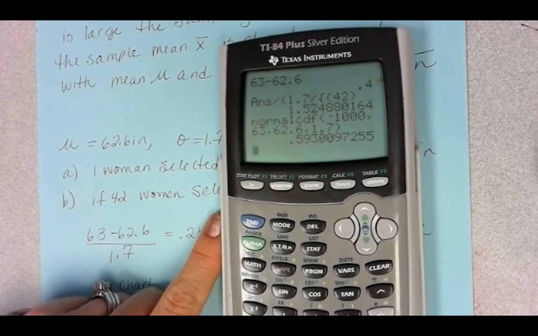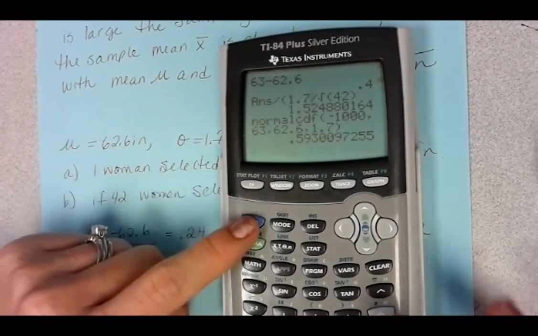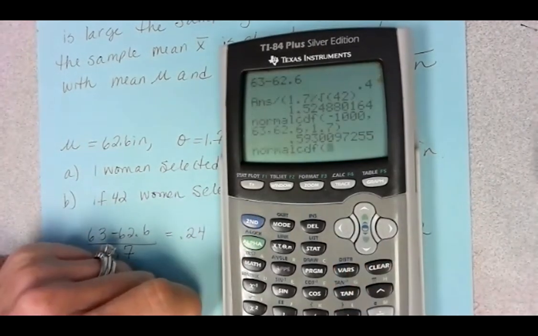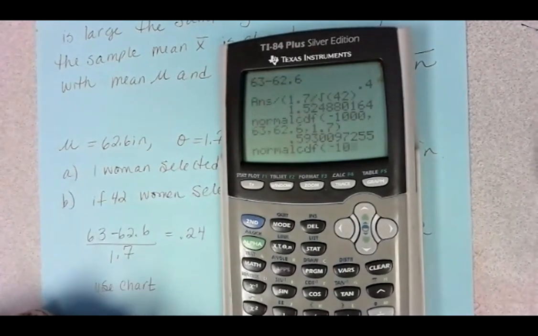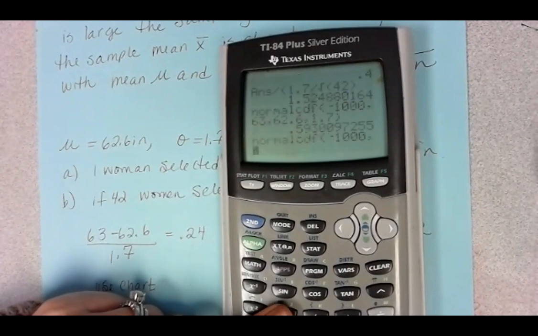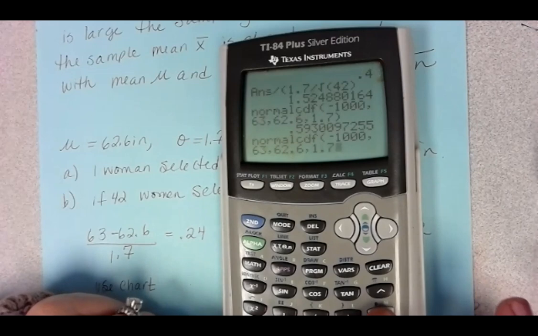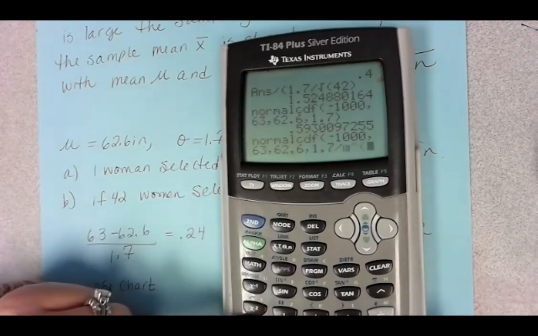We could also do part B on the graphing calculator. Again, it's just a normal CDF. It's still a less than, so my lower boundary I can make negative 1,000. My upper boundary is still 63. My mean is still 62.6, but now my standard deviation rather than 1.7 is 1.7 divided by the square root of 42.